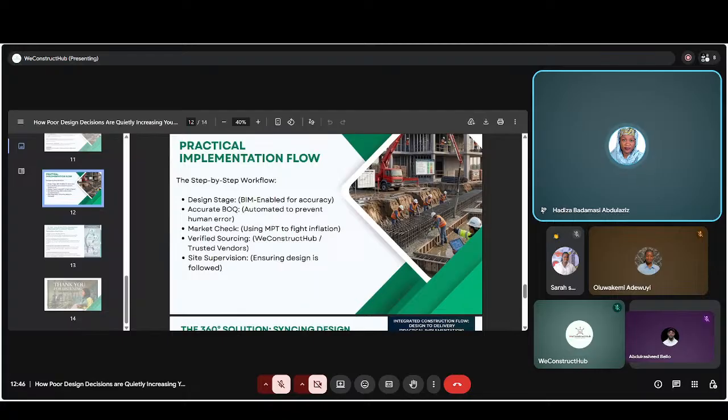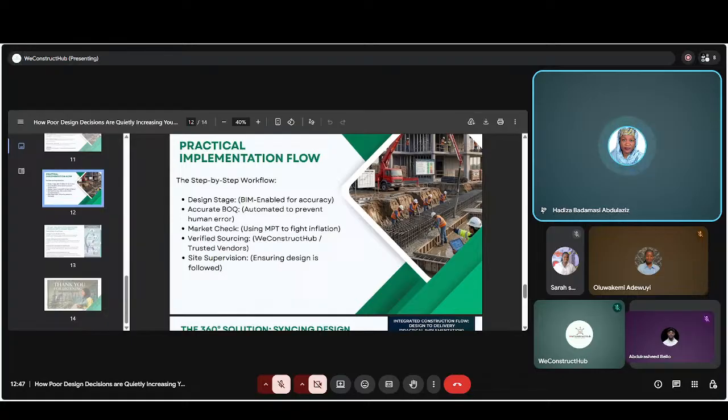Okay, practical implementation. Now let's bring everything together into a simple practical workflow you can apply on a project. This is a step-by-step approach to reduce waste, control cost, and improve efficiency from design to execution.